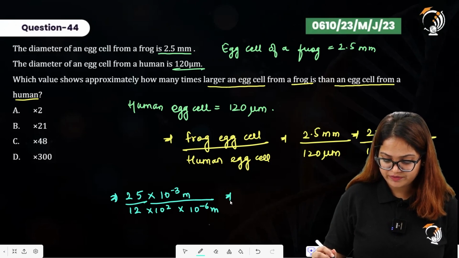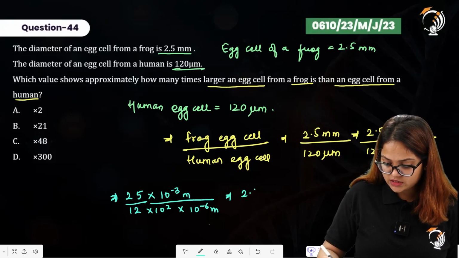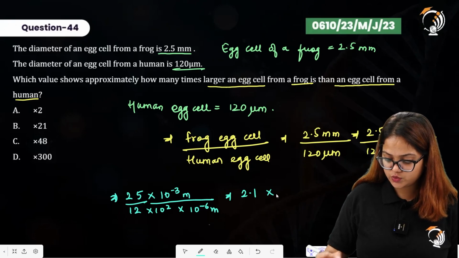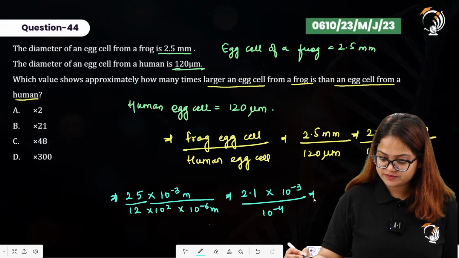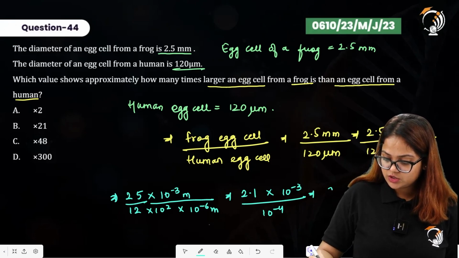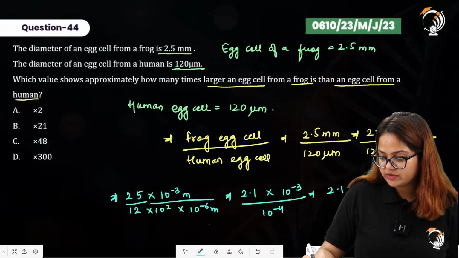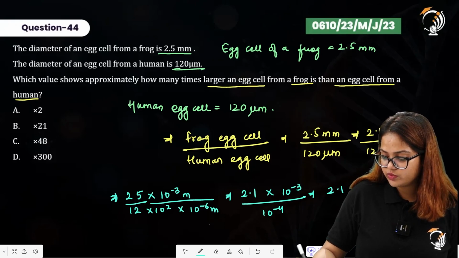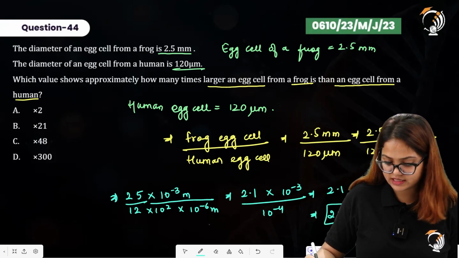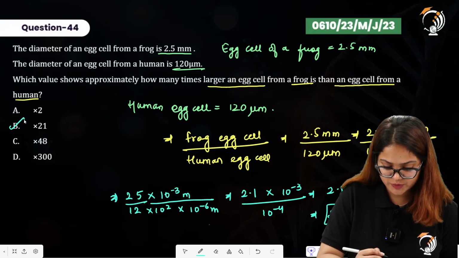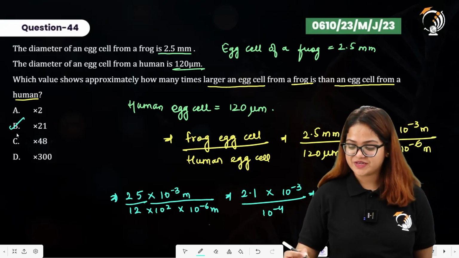This comes out to be 2.1 into 10 to power minus 3 into 10 to power 4 on division. This comes out to be 21 as the answer. So option B, that is 21 times, is the right answer.